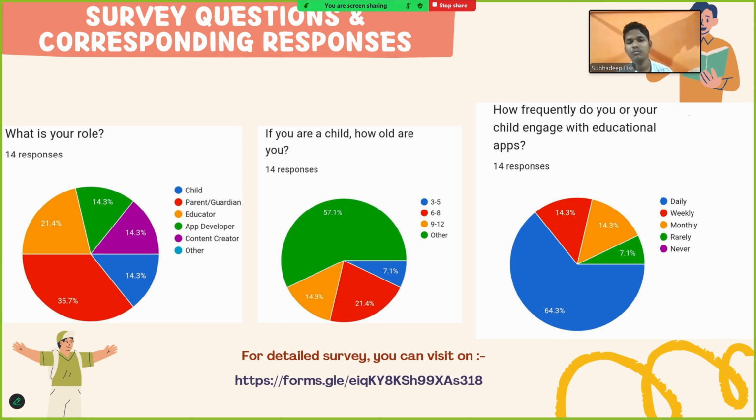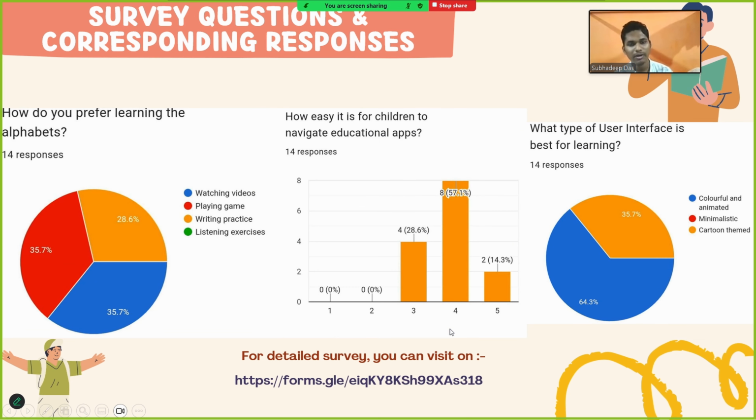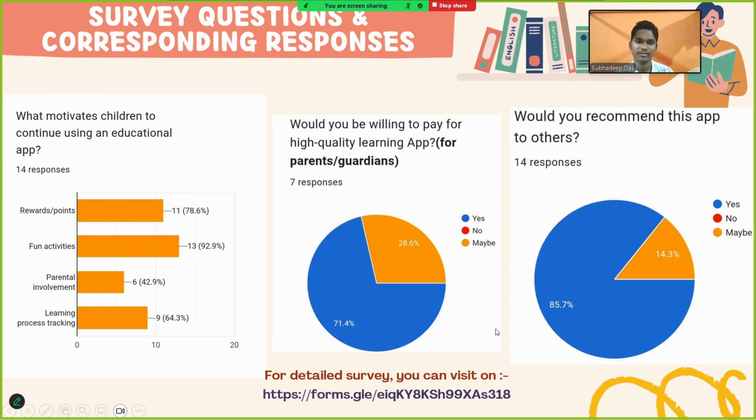This helped us refine the features and design decisions for our futuristic app. You can view the detailed responses using the link provided in the presentation. We have also shared some screenshots of our responses. Please show them.